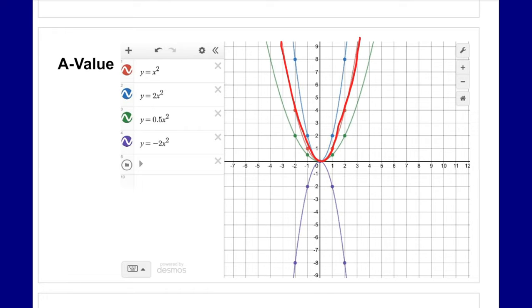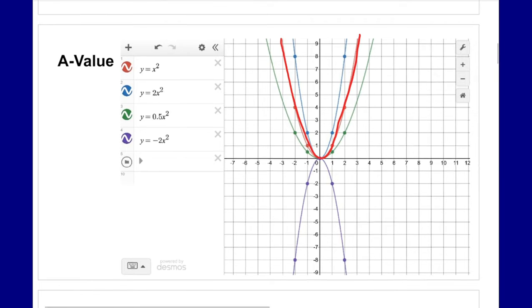How is the blue graph different from the red? How is the green different? How is the purple one different? The only thing we're changing in these equations is the a value. So looking at how these other graphs transform from the red one should give us an indication of what this a value does in terms of transformations.